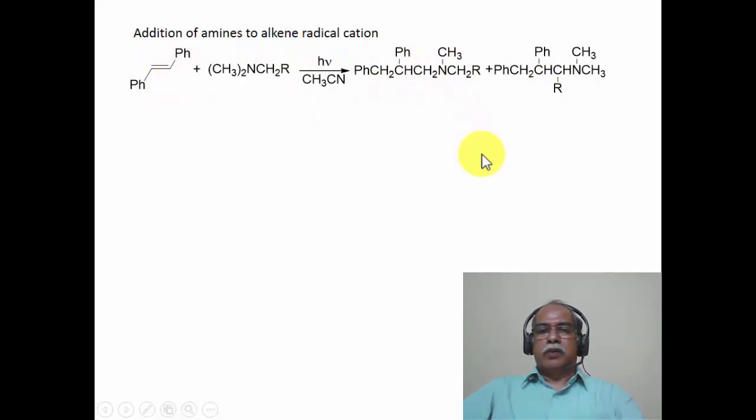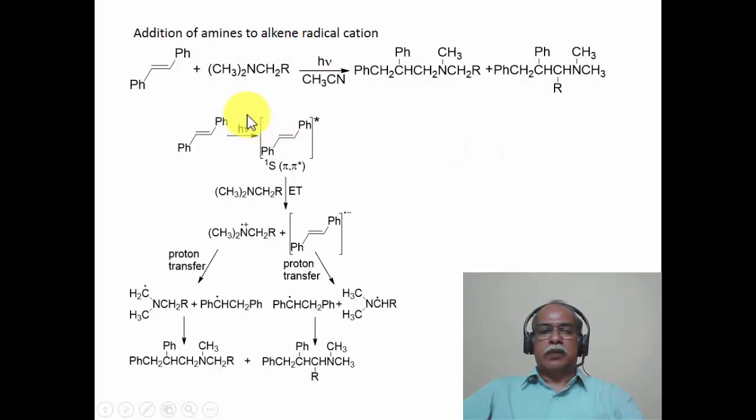Stilbene is excited to the higher singlet excited state, which is the pi star excited state. In the pi star excited state, it's an excellent acceptor, because amine is an excellent donor compared to this one. So it accepts the electron from the amine to the excited state of the stilbene, producing the stilbene anion radical and the cation radical of the amine.